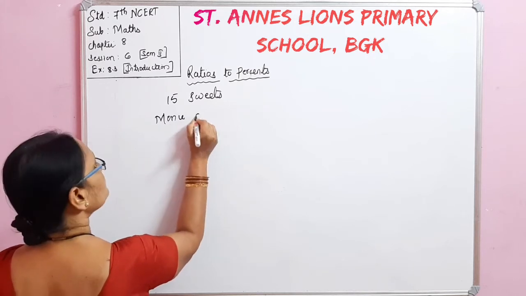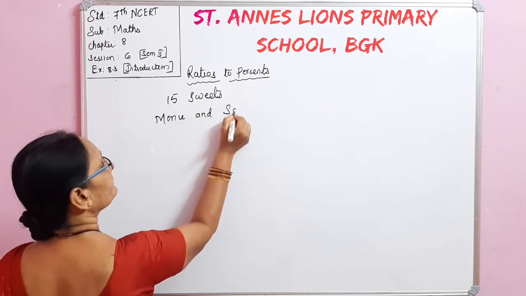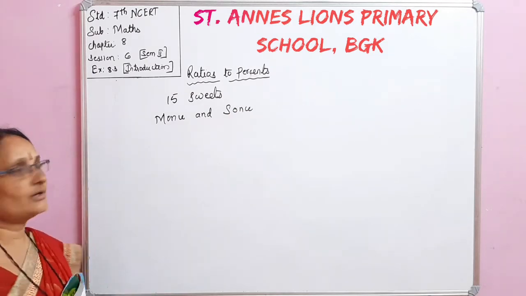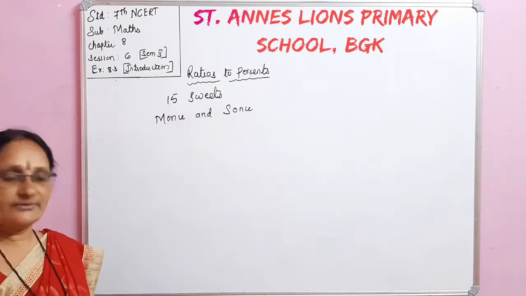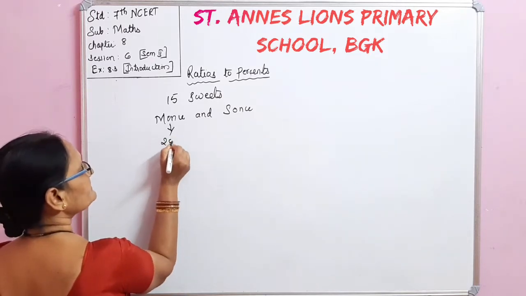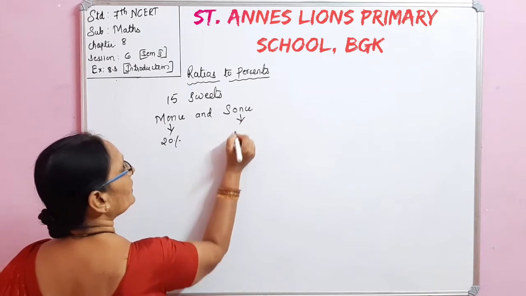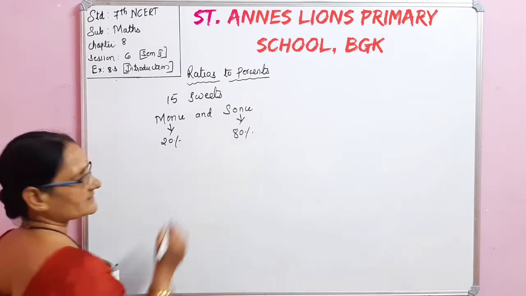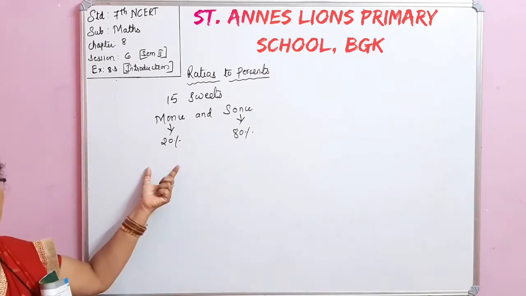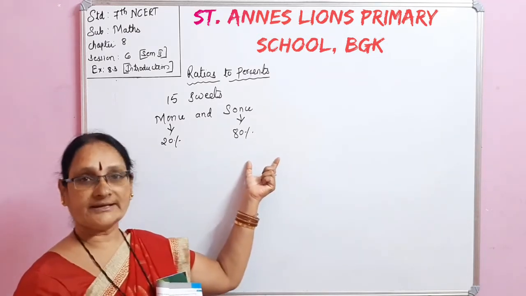For Monu I want to give 20% and to Sonu I want to give 80%. Then how many sweets will Monu get? How many sweets will Sonu get?